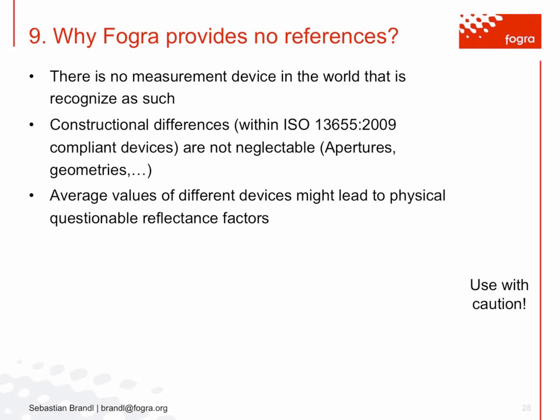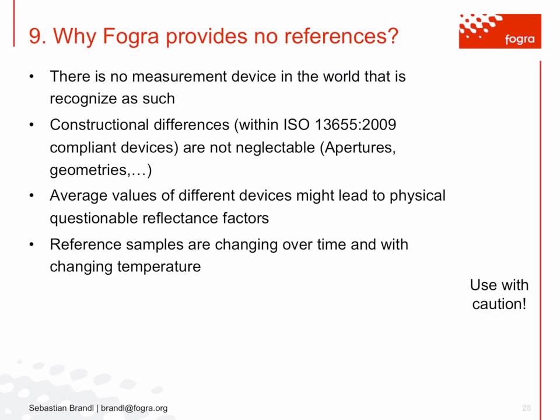Then we have to admit that different devices, which all conform to the tolerances and aim values defined in 13655, show not negligible differences, because they use somehow different apertures or different geometries or optics, and although they are within the tolerances, there might still be some small differences among them.